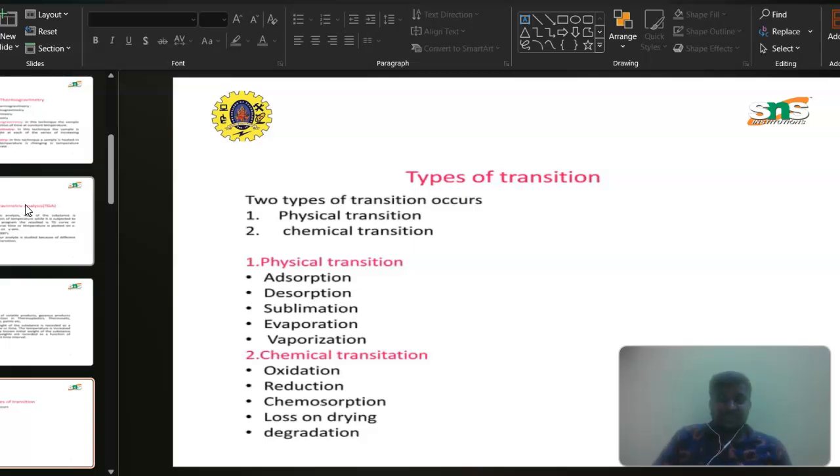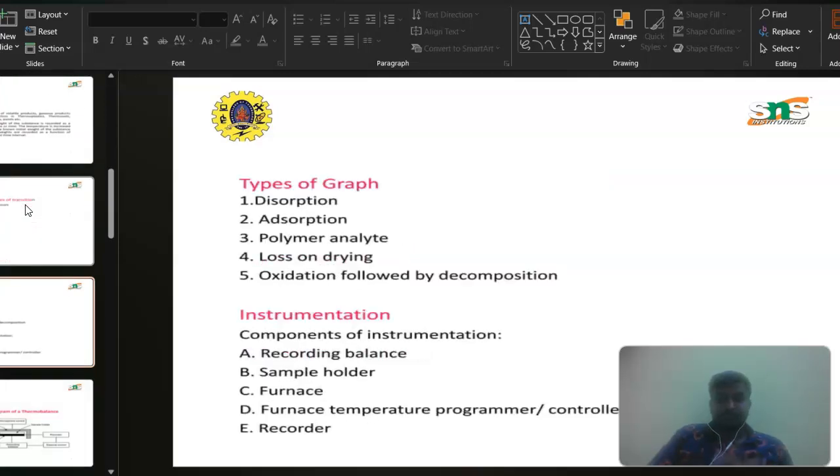In chemical transition, the types are oxidation, reduction, chemisorption, loss on drying, and degradation. Different types of graphs obtained using TGA: desorption, adsorption, polymer analyte, loss on drying, oxidation followed by decomposition.